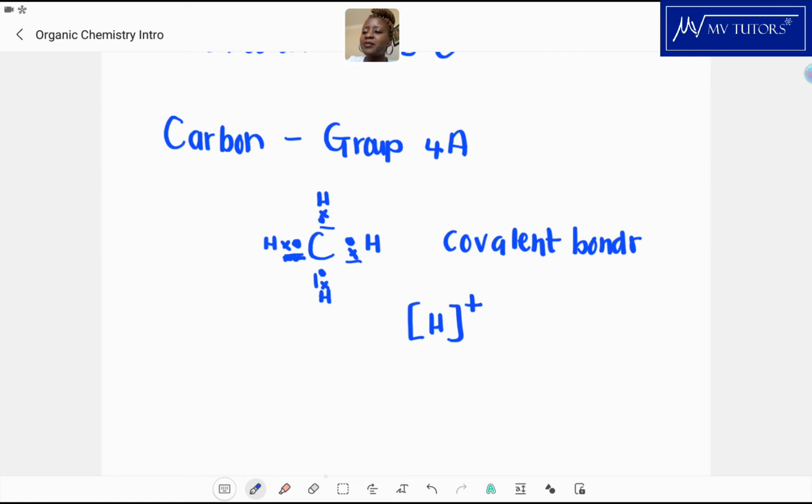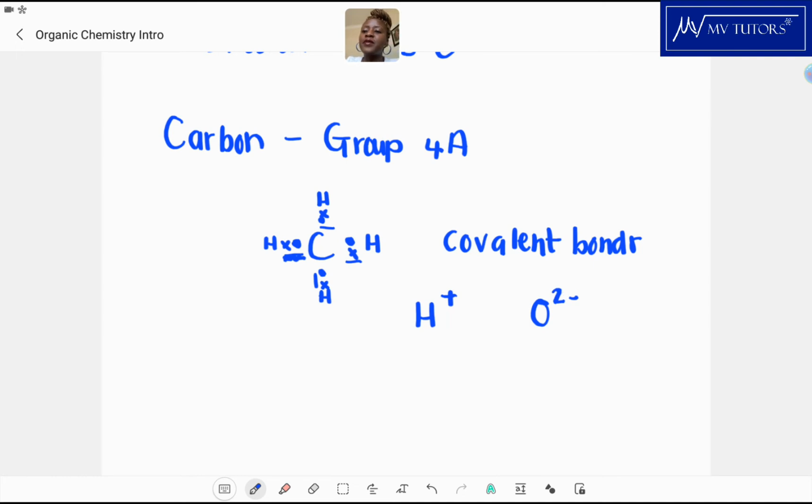Let me rather not put brackets inside because that means something else. So you'll have hydrogen there, which would now be positive because it has more protons than electrons, because it donated its electron. And you probably have oxygen, let's say 2 minus.